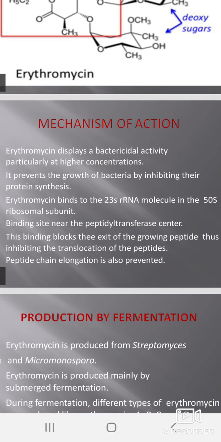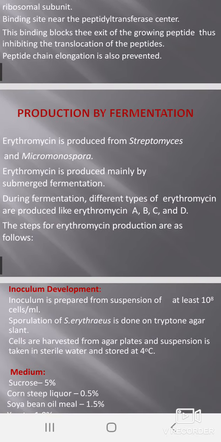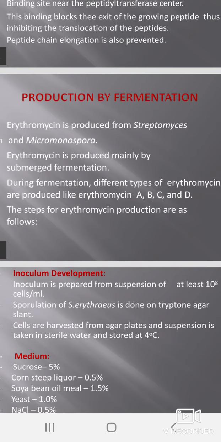Production by fermentation, that is the main thing we are discussing: how it is prepared by fermentation. Erythromycin is produced from Streptomyces and Micromonospora. It is produced mainly by submerged fermentation, which we have already discussed.